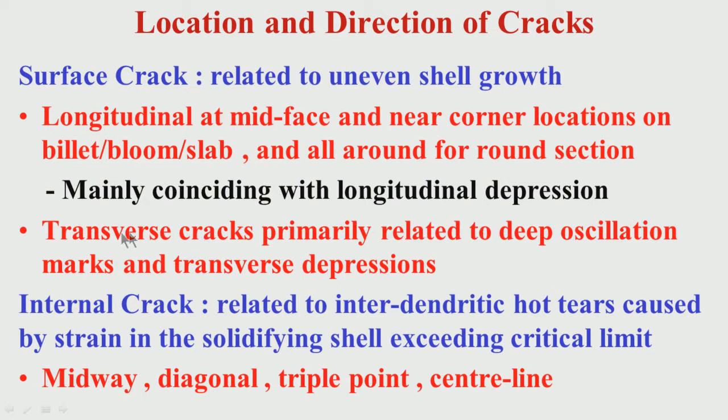Now, you can have transverse cracks as well. Where do the transverse cracks form? Transverse cracks means the orientation of the cracks is perpendicular to the casting direction. So, they are perpendicular to the longitudinal direction. The transverse cracks primarily are related to deep oscillation marks and transverse depressions. I have told you that normal oscillation marks do not constitute a defect in cast product.